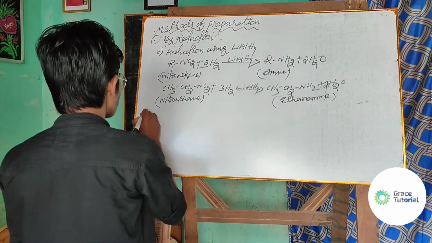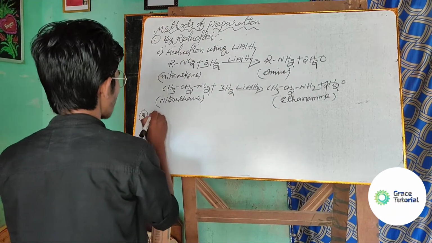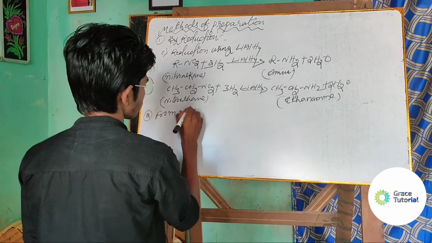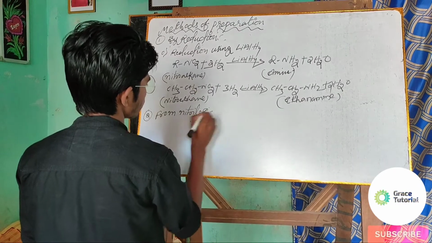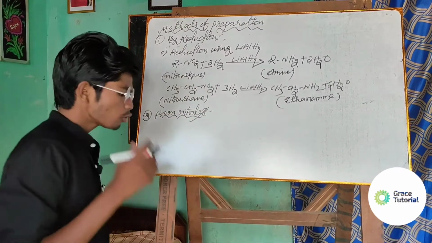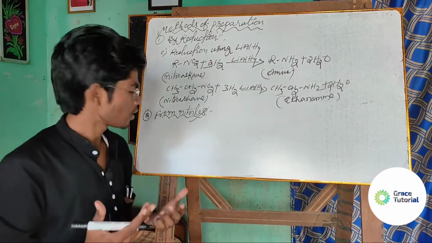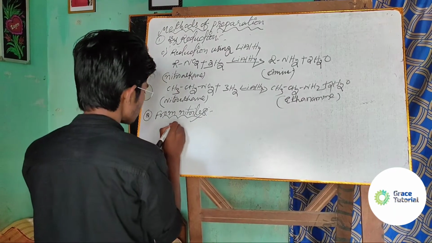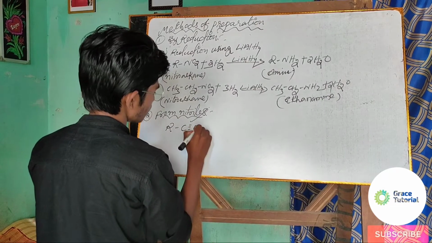Now move on to another method, from nitriles. That's all about the reduction of nitroparaffins, but this is also a reduction, from nitriles. Suppose I have taken RCN, alkyl cyanide.